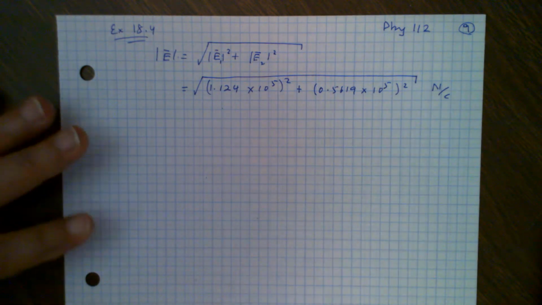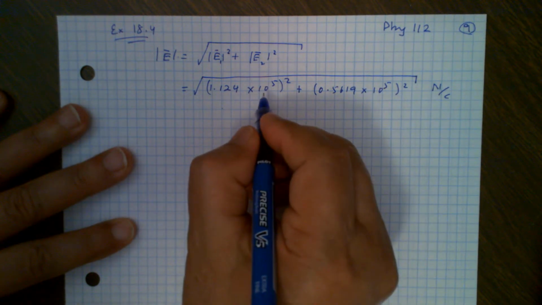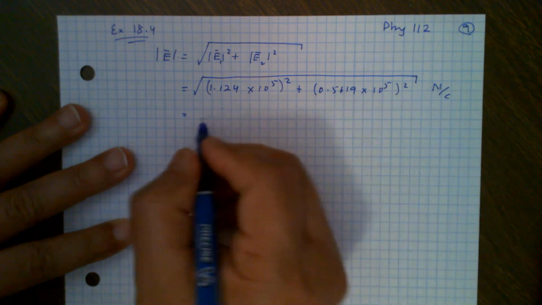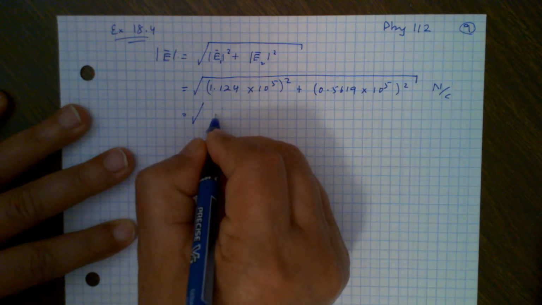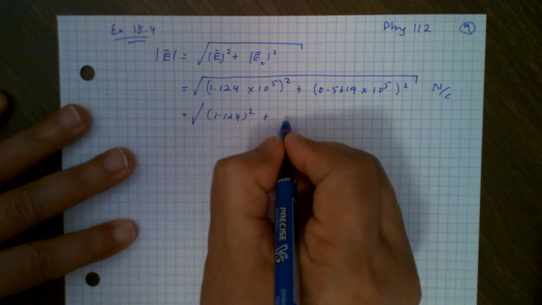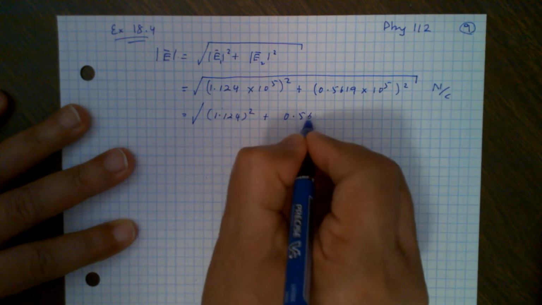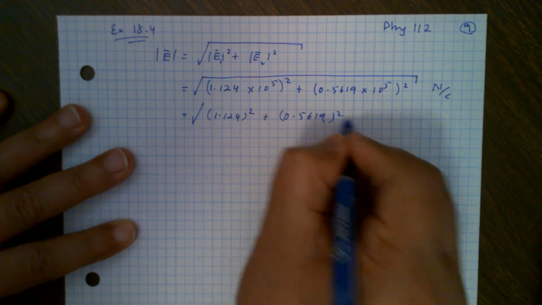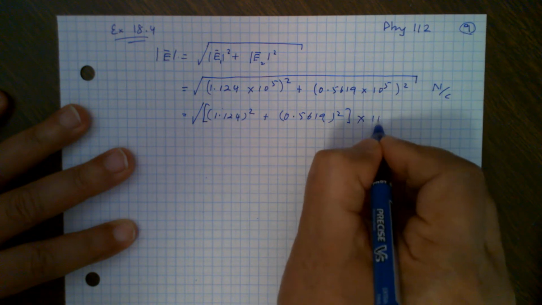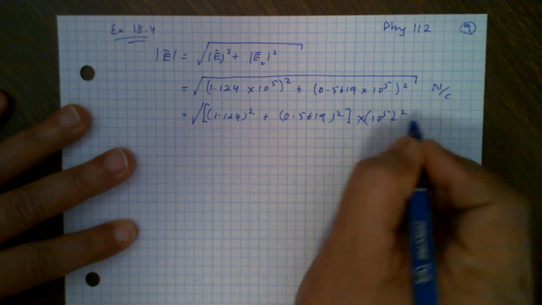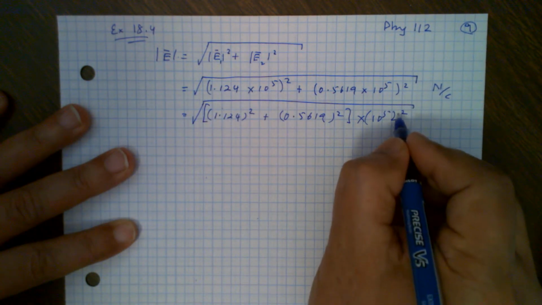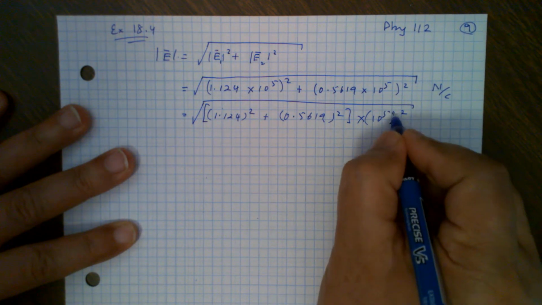So now you see, you don't have to plug in 10 to the power 5 into your calculator, because this is 10 to the power 5 squared, this is 10 to the power 5 squared. Let me write it out in longhand. 1.124 squared plus 0.5619 squared. And then I can pull out 10 to the power 5 squared as a common factor, right?